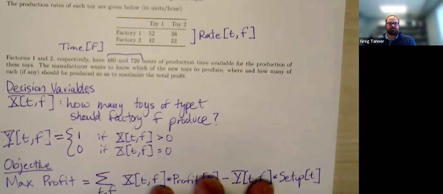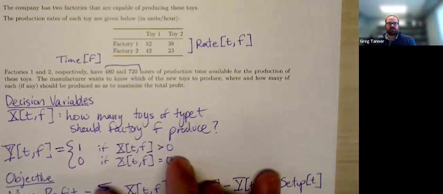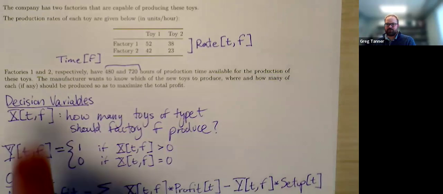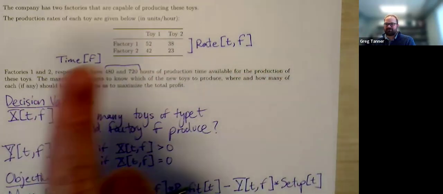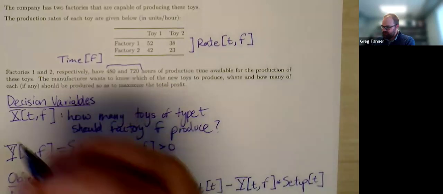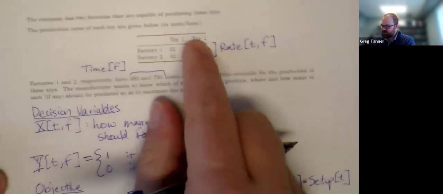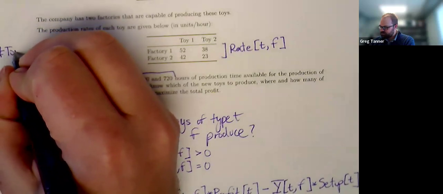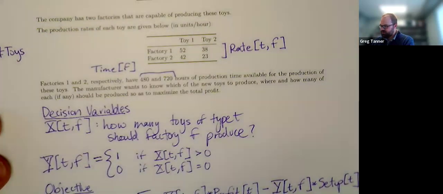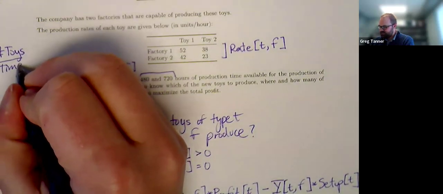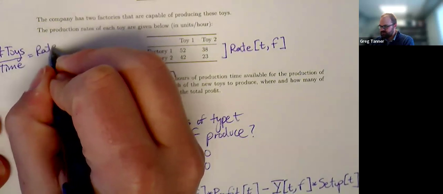So it's maybe worthwhile thinking for a second, what's the maximum amount of toys we can produce? And maybe it's a little bit like thinking back to distance rate time equations, except for now this is a toys rate time equation. In that, looking at production rate, number of toys produced divided by time equals rate.